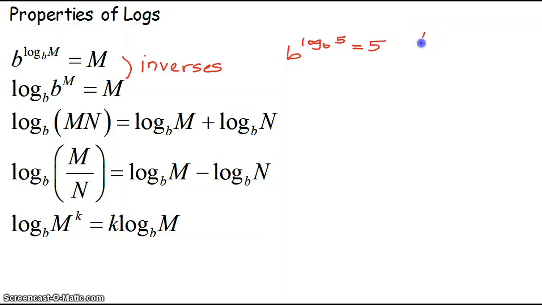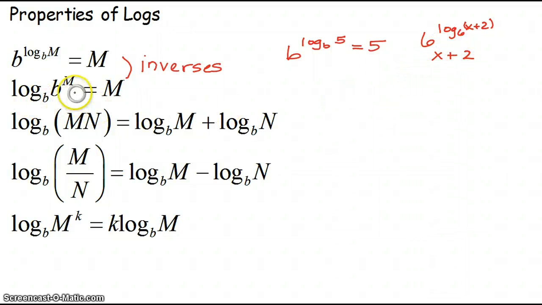If I had 6 to the log base 6 of x plus 2, again, because these two bases are the same, it's going to end up just being x plus 2.